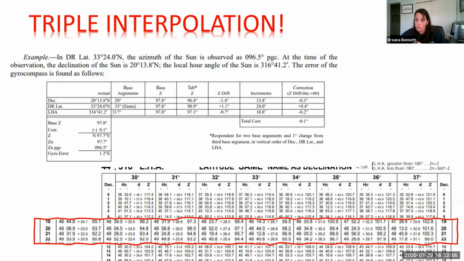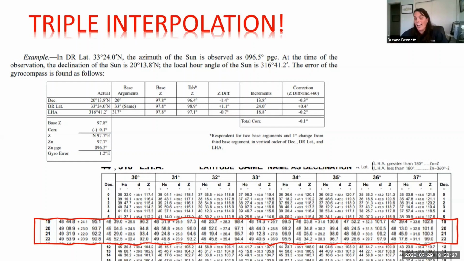Triple interpolation is, I'm not going to say super difficult, but we would rather not do triple interpolation every single time we look at Pub 229. So we use an assumed position in order to eliminate the need to do triple interpolation.